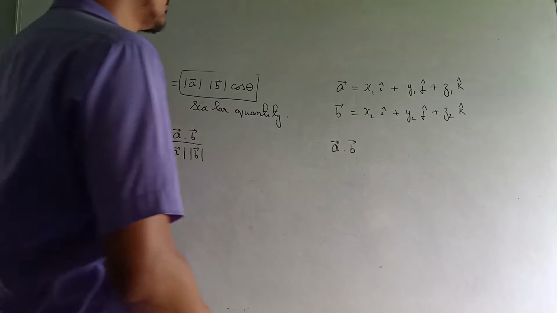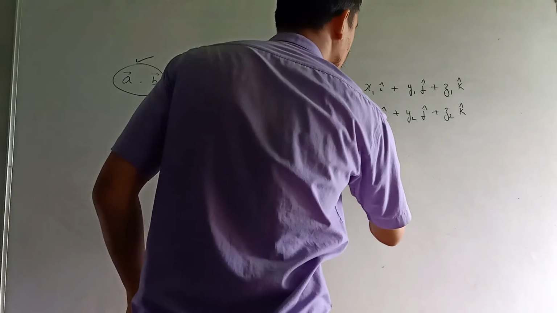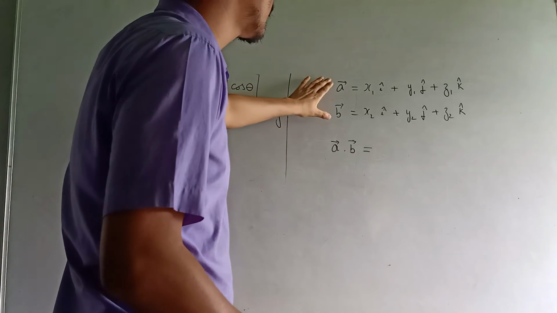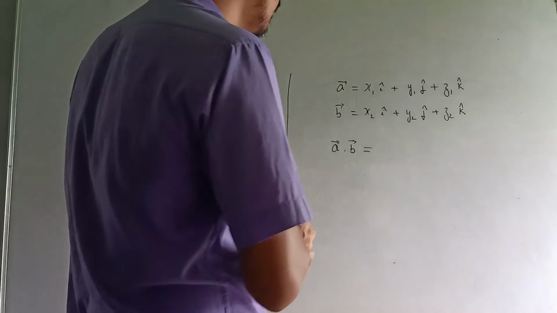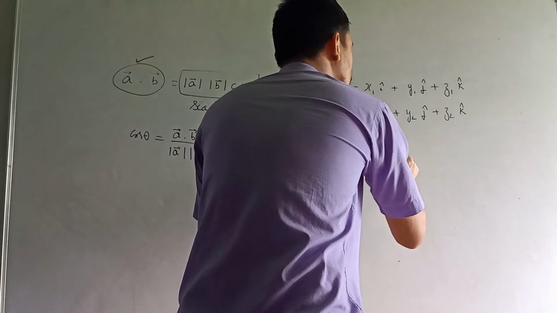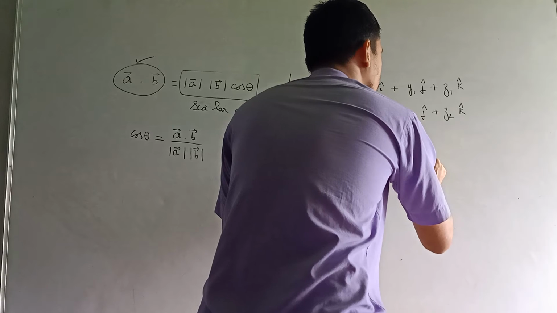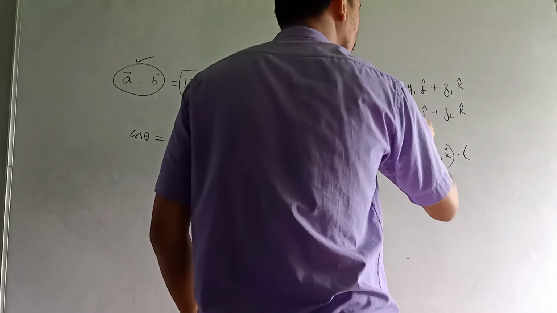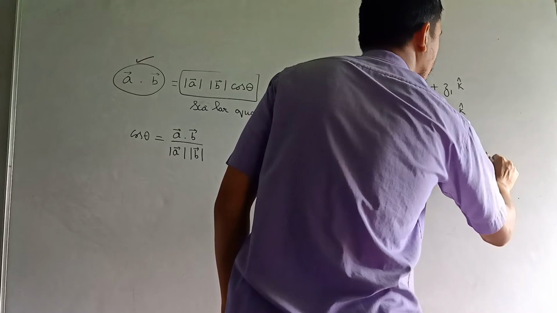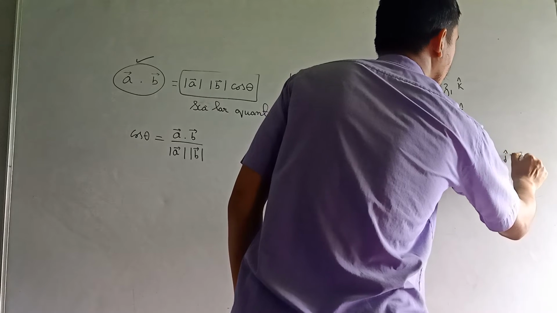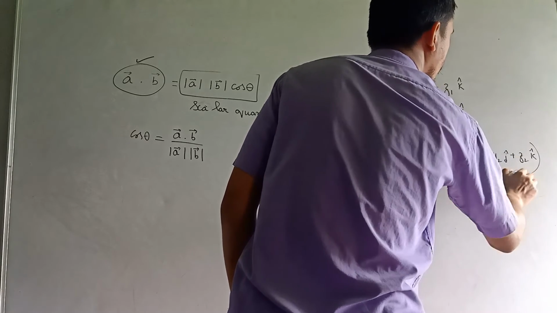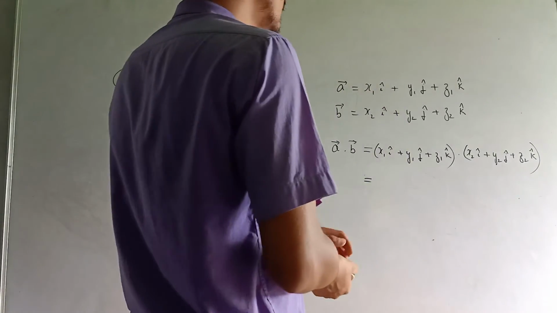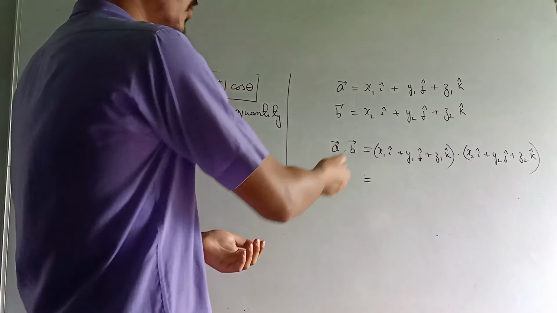Only if you know the angle between these two can you evaluate the dot product A dot B. But things can also be done in this way. Instead of using this definition, the dot product of A and B can be evaluated easily. Your A is x1i plus y1j plus z1k, dot your B, which is x2i plus y2j plus z2k.